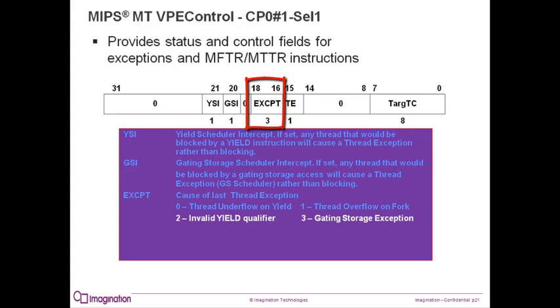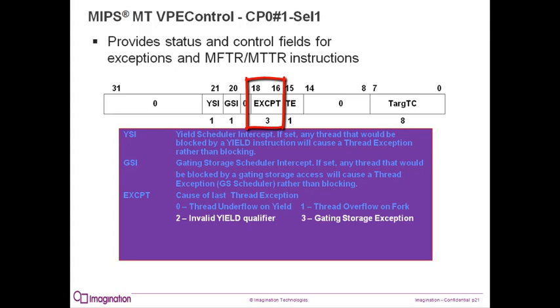A 2 indicates a bad qualifier fed to the yield instruction. The exception happens when bits set in the signal mask given in the RS register of the yield instruction are masked out by the YQ mask register. This would result in a condition that would cause the thread never to be restarted.